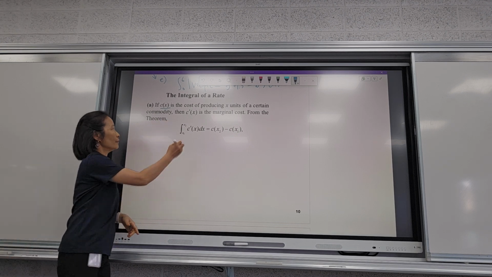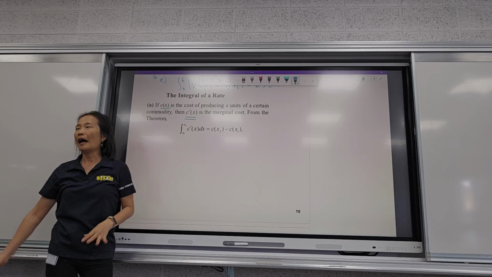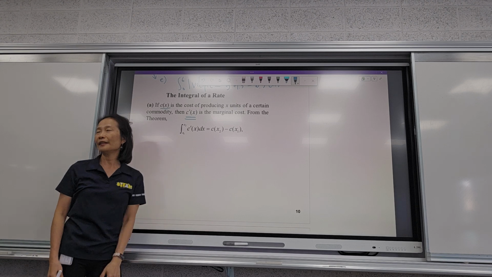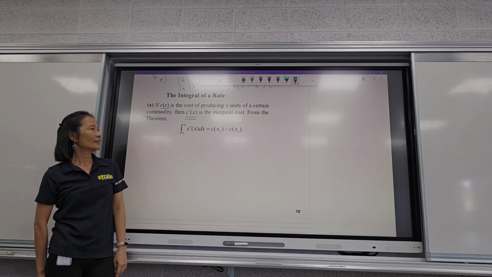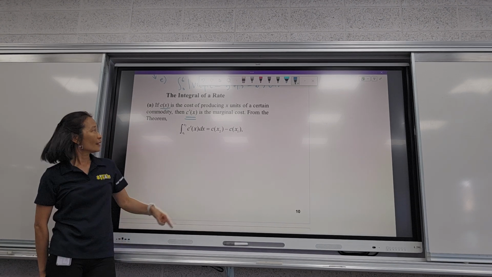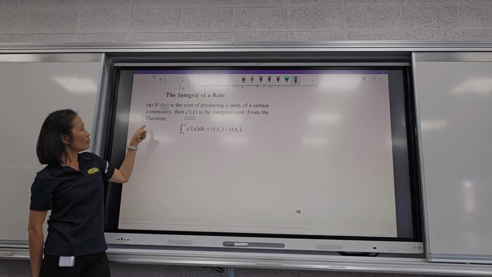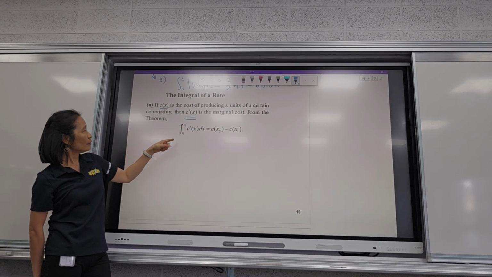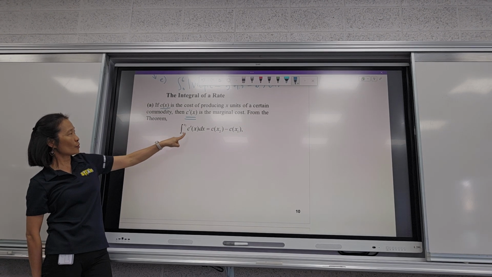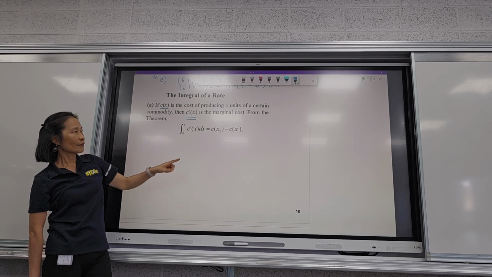C prime is how much more cost, the cost per item. C prime of x is the marginal cost. From the theorem, the integral from x1 to x2 of C prime.